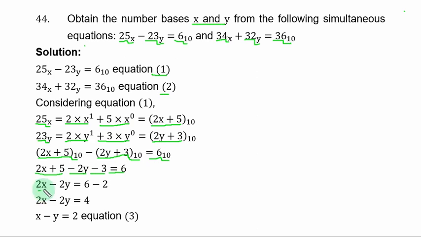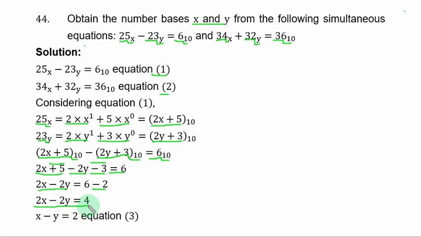So we have 2s minus 2y equal to, you have plus 5 minus 3 is plus 2. When you transfer it to the right hand side, it becomes minus 2. So you equate the left hand side to 6 minus 2. So we have 2s minus 2y equal to 4.